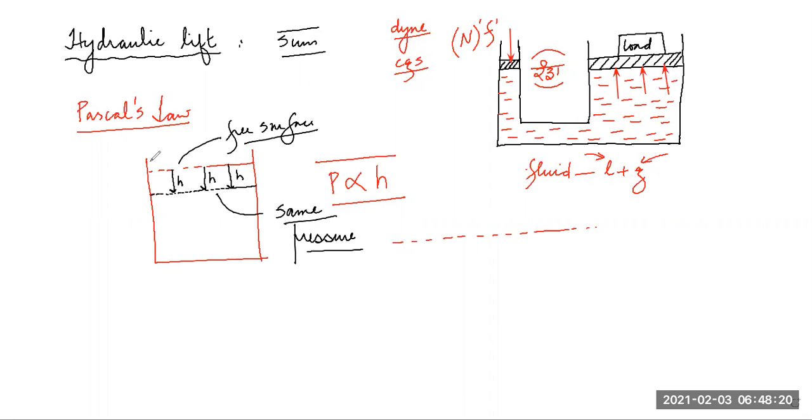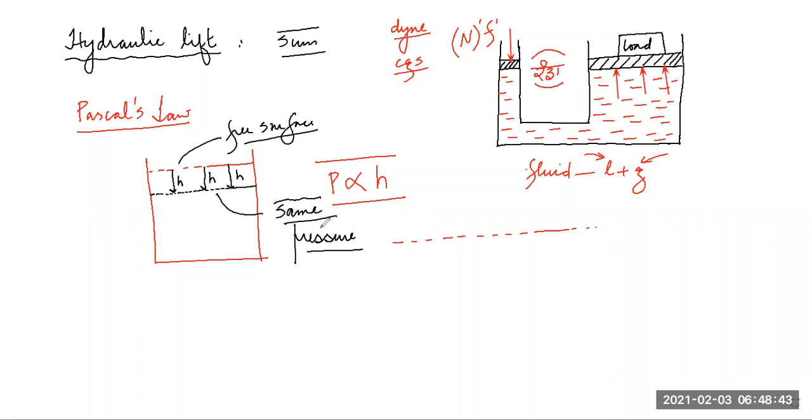So what is Pascal law? Pascal law states, from the free surface of a liquid, not only liquid, even in gases it is valid, from the free surface of the fluid, all the particles which are at the same depth experience the same pressure.